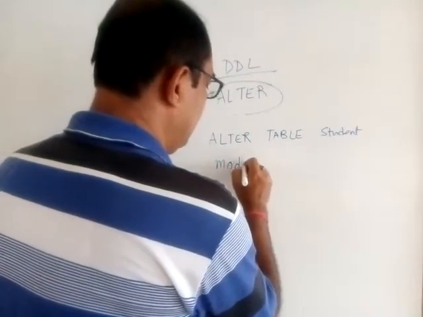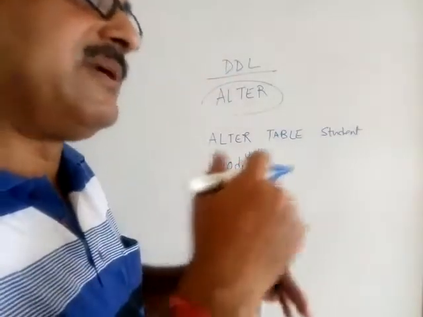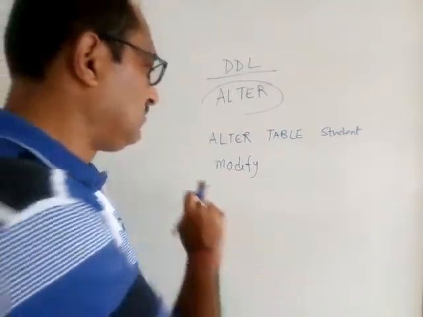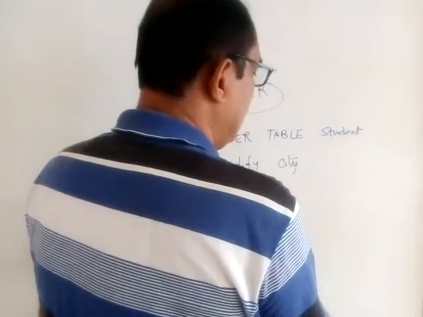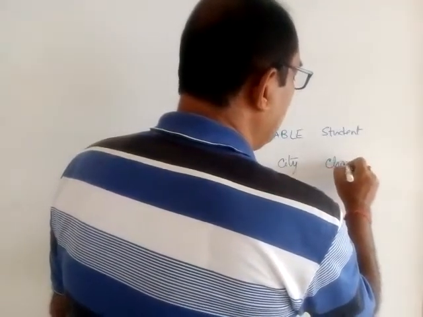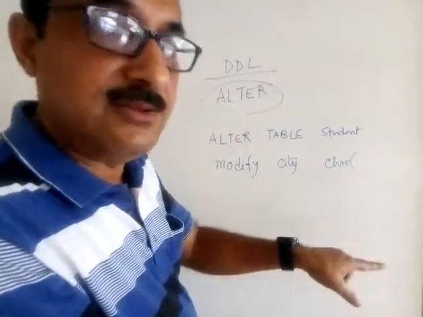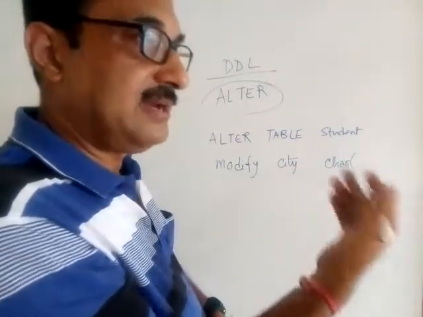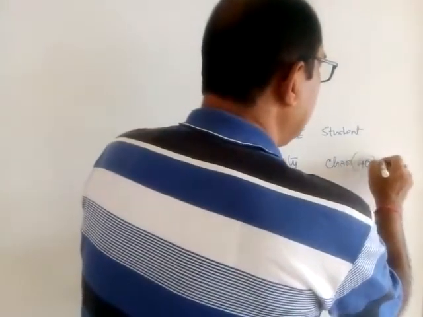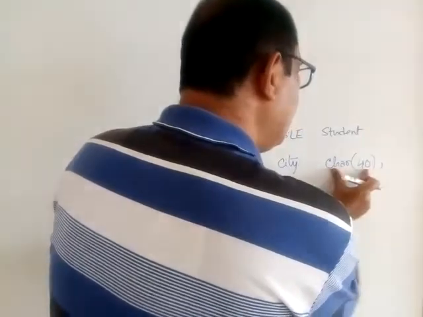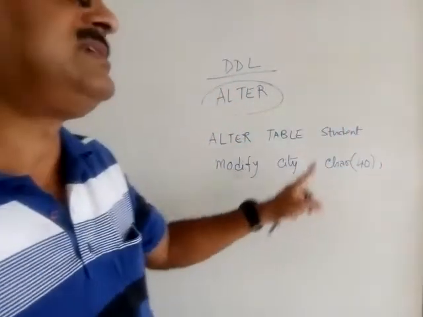Modify. The moment you write modify, that means you are talking about modification of a particular column. Very simple thing. So modify, say what I want to modify? I want to modify city. And here I will write how I want to modify. Doesn't matter earlier what was there. Earlier maybe 10 was declared, maybe we wrote character 20, but now I want it to be character 40. Whatever I want now, that particular data type and the size if required, that I will write. Okay, modify city, whatever.